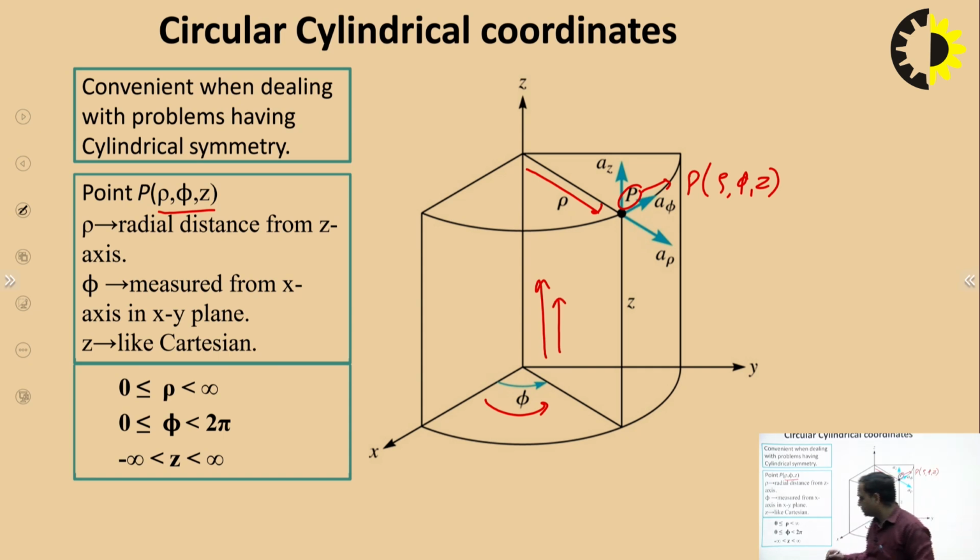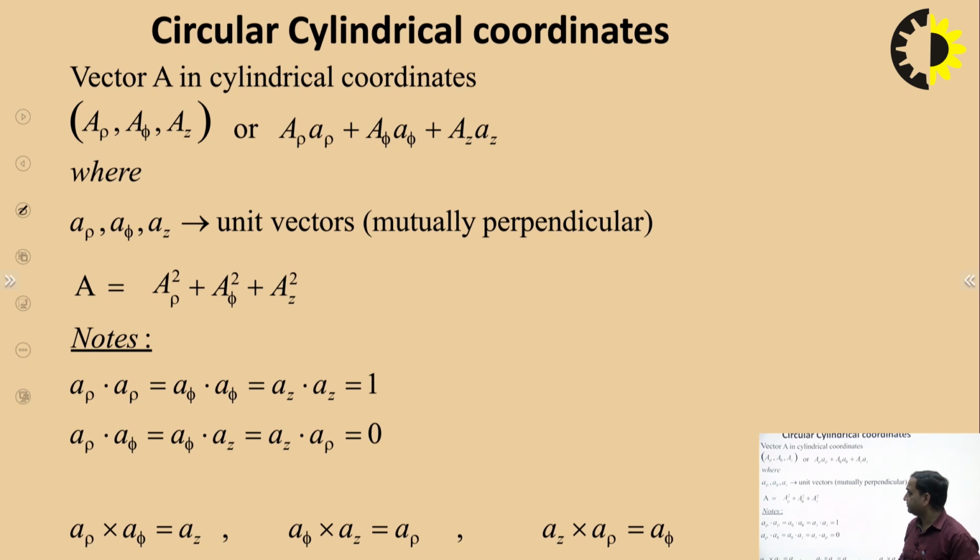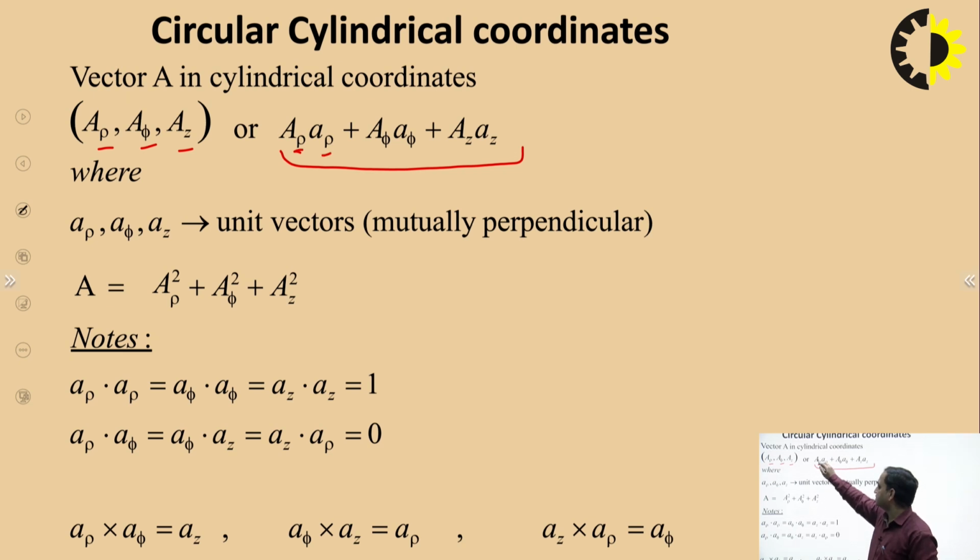Second is the range of these variables. Range of rho is from 0 to infinite, phi is 0 to 2 pi, and z is minus infinite to plus infinite. Corresponding to that, we have the components: A rho, A phi, A z, and in vector form we represent it as A rho a rho, where A rho is the component and a rho is the unit vector, and similarly for phi and z.